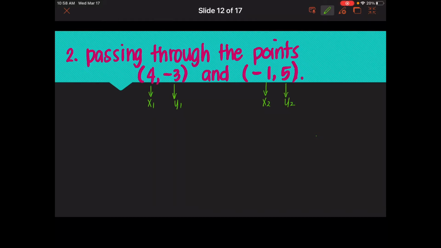And then we will just use the formula. y minus y sub 1 equals the slope, y sub 2 minus y sub 1 over x sub 2 minus x sub 1, times x minus x sub 1. So we'll have y minus negative 3 equals 5 minus negative 3 over negative 1 minus 4, times x minus x sub 1, which is 4.